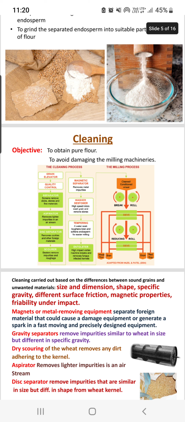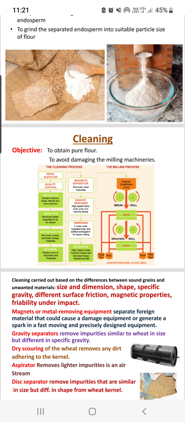Cleaning is carried out based on the differences between sound grain and unwanted material. As we discussed, cleaning is done to separate the sound grains from the unwanted material. That unwanted material might be fecal matter, insects, rodents, and infestation of the wheat grain with other material.